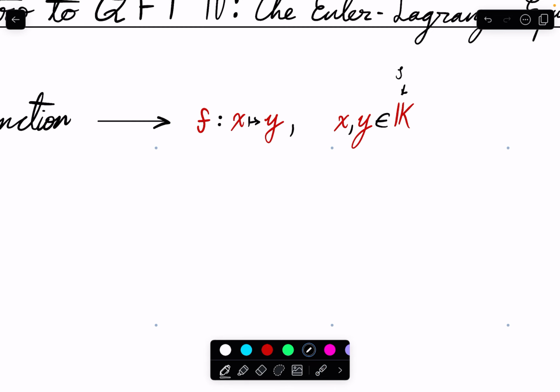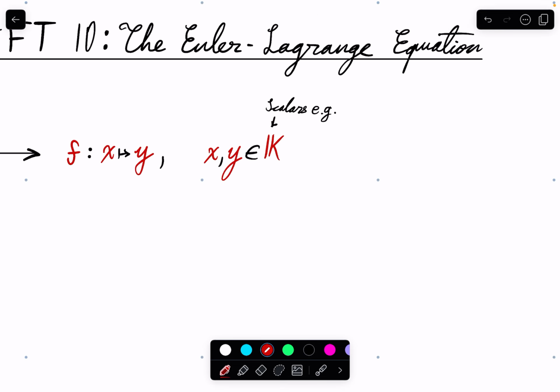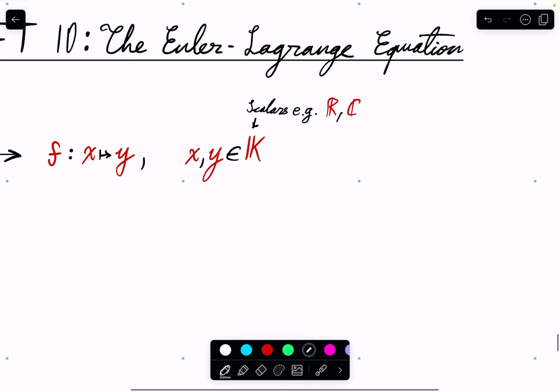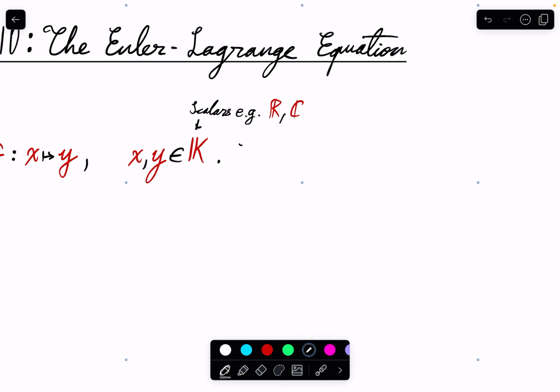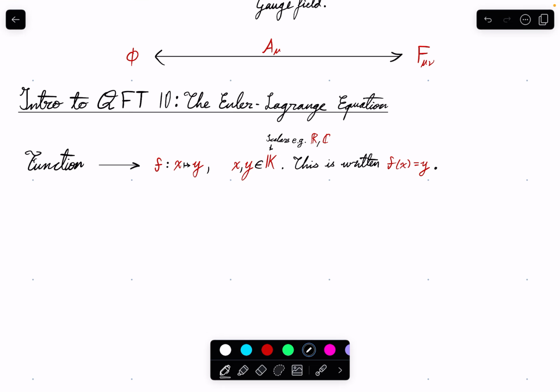An example would be R or C. And this is written as f of x equals y.